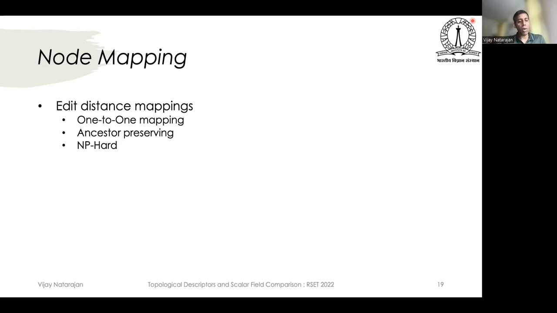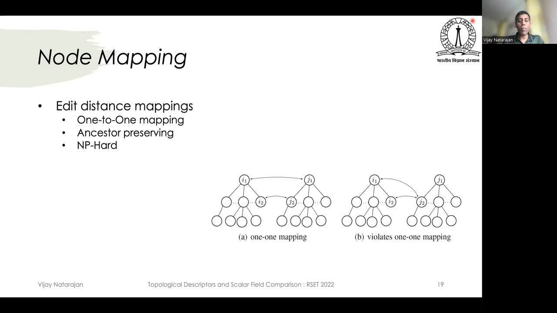So next I want to talk about this issue, which is mapping. What kind of mappings do we want to support, and what kind of mappings do we want to restrict ourselves to? We want one-to-one mappings to begin with, right? We'll see how all other mappings can be built using these restrictions.